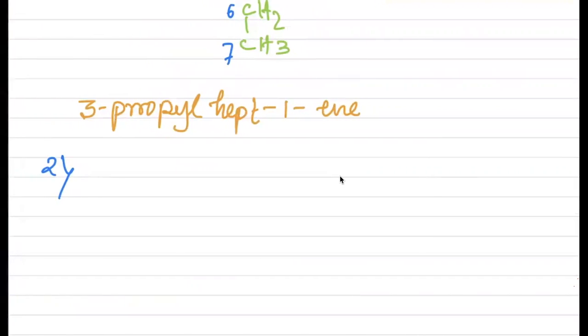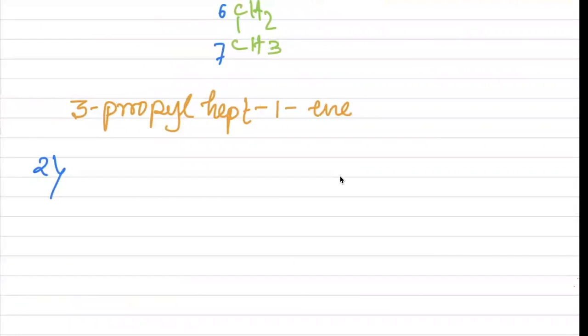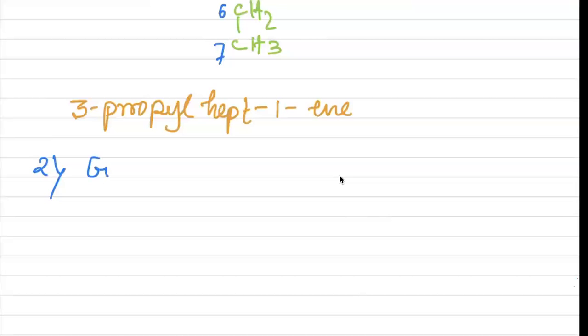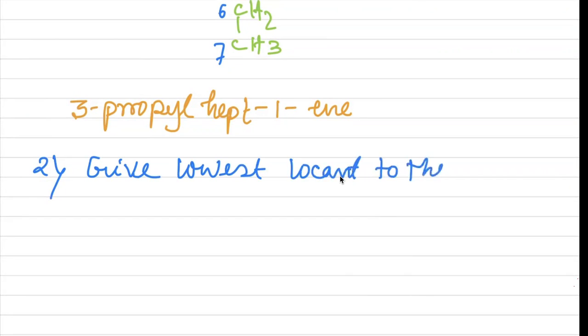Okay, now next, you have to give the lowest locant. You have to give the lowest locant to the carbon double bond carbon.